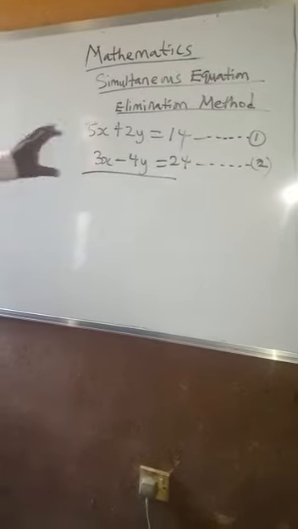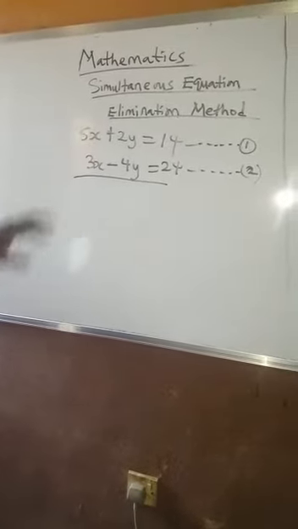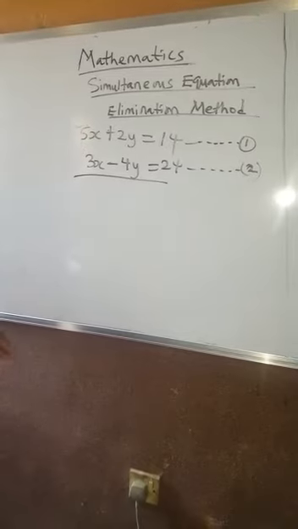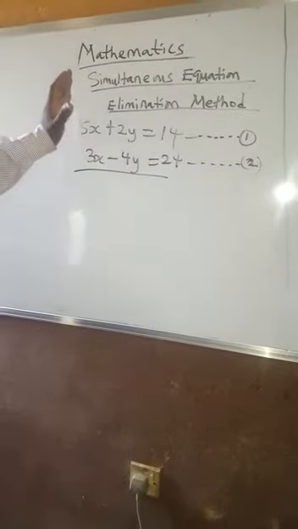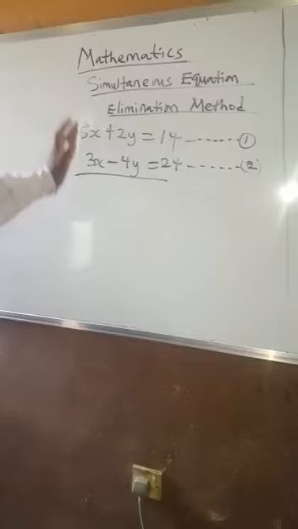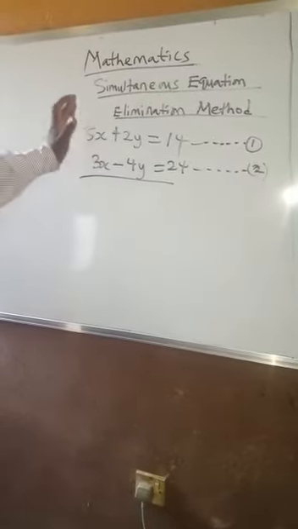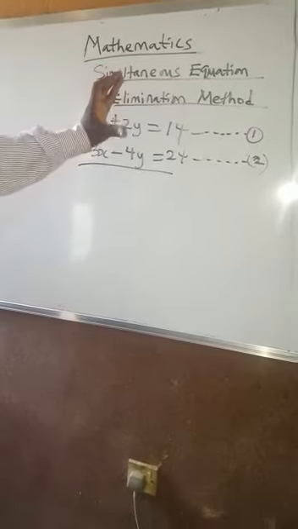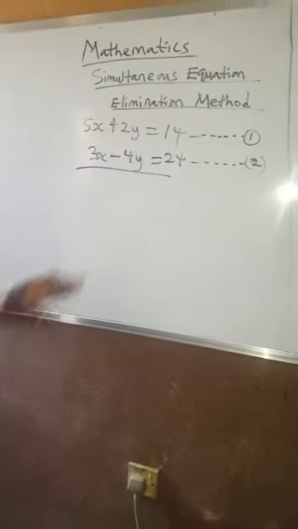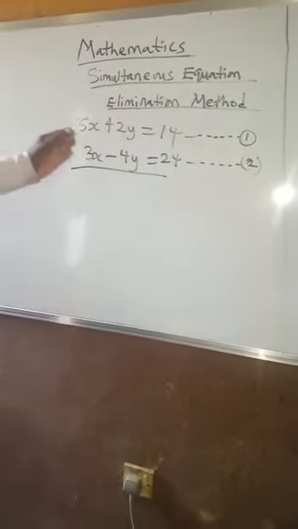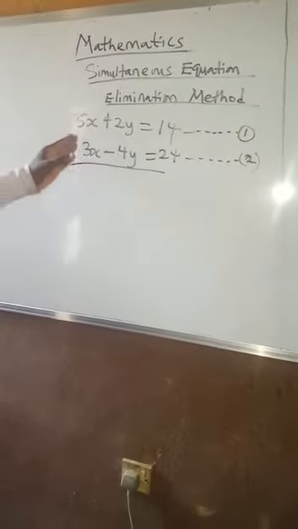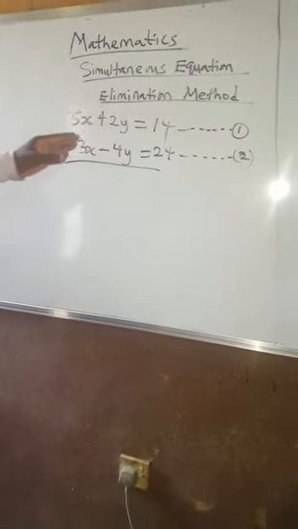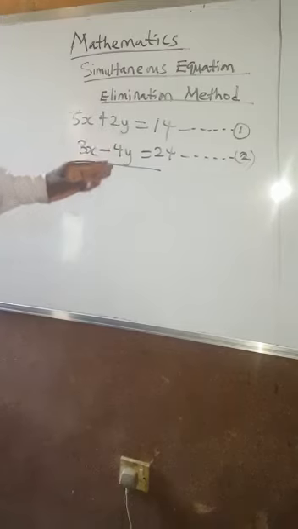In solving this equation using elimination method, we either eliminate the coefficient of x here, or we eliminate the coefficient of y here. We can choose either of the two, but let me choose the coefficient of y.